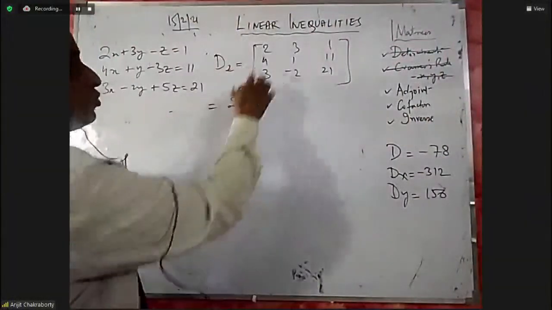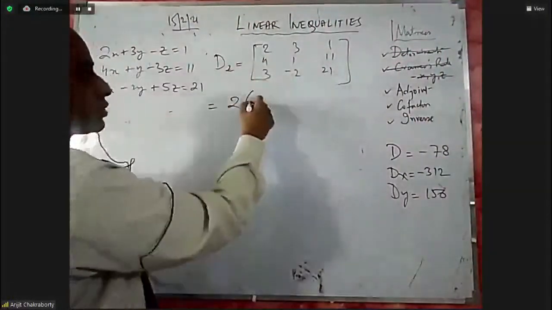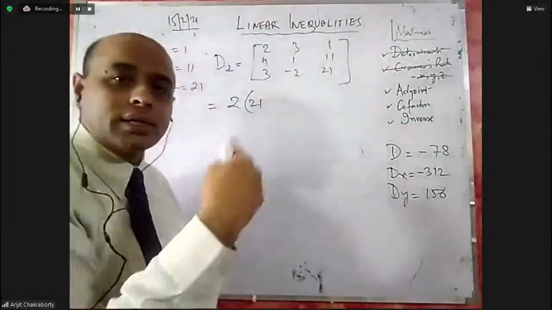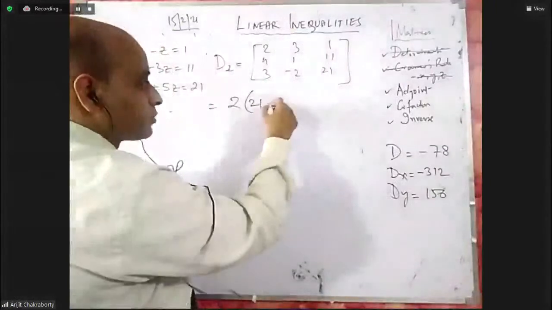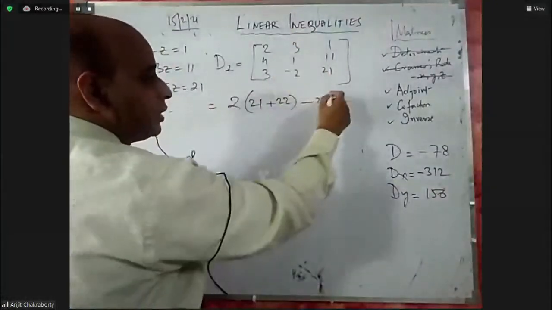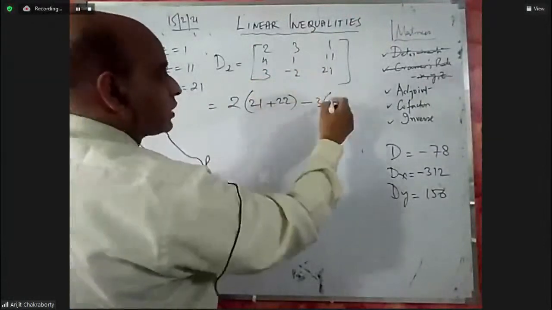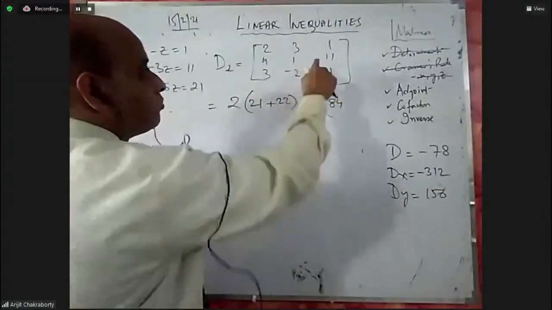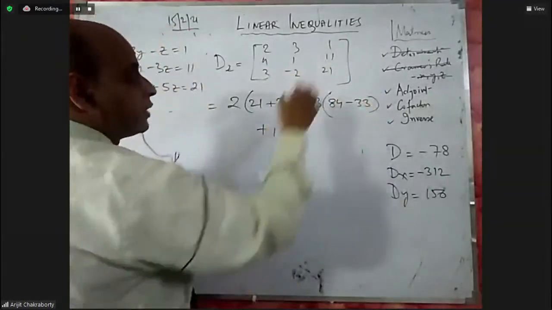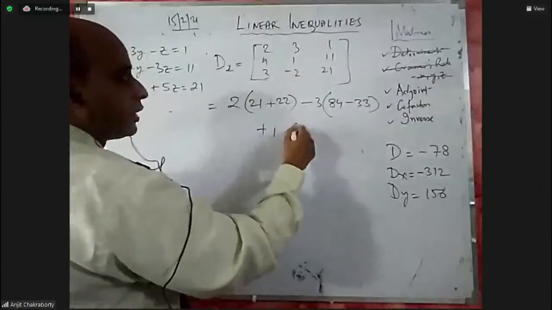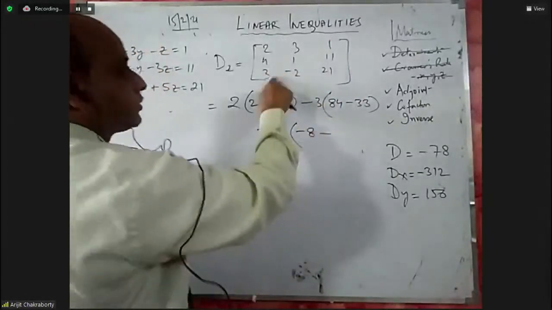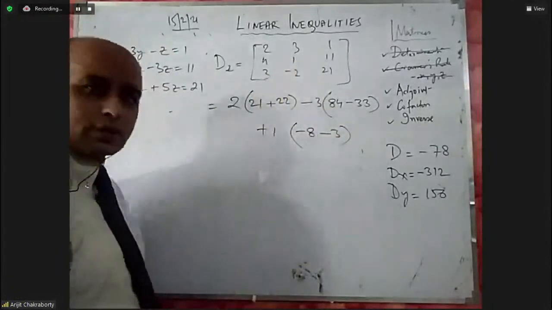I'll take 2 first. 1 into 21 is 21, minus 11 into -2, that is minus of minus 22, so that becomes plus 22. Minus 3 multiplied by 4 into 21, that is 84, minus 33, 11 into 3 is 33. Plus 1, this one. And now I will take 4 into -2, that is -8, minus 3 into 1, that is 3.